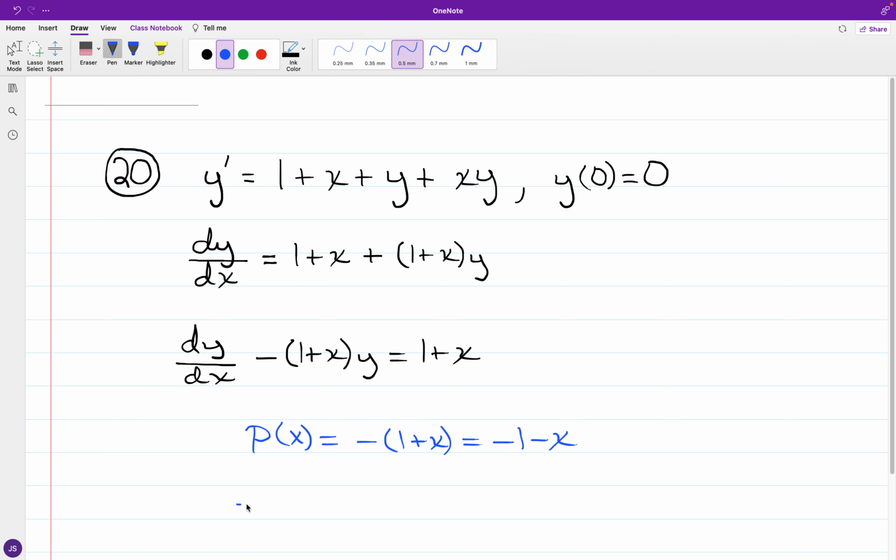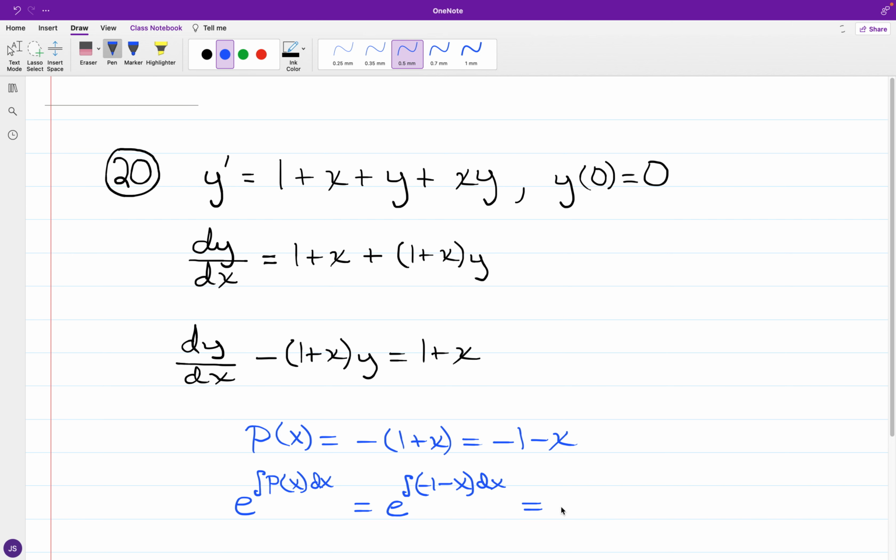For the integrating factor, we have e to the integral of p of x dx, which is equal to e raised to the integral of negative 1 minus x dx.